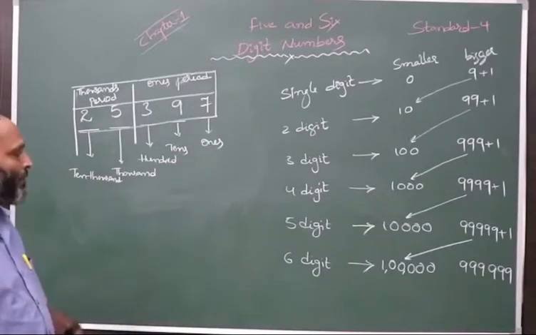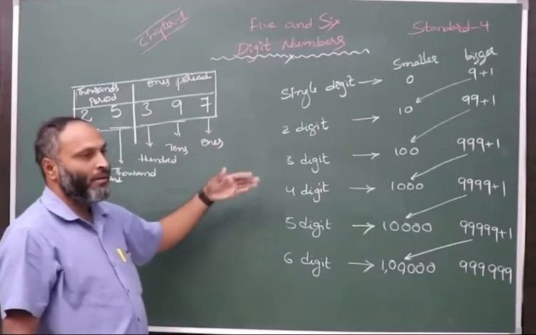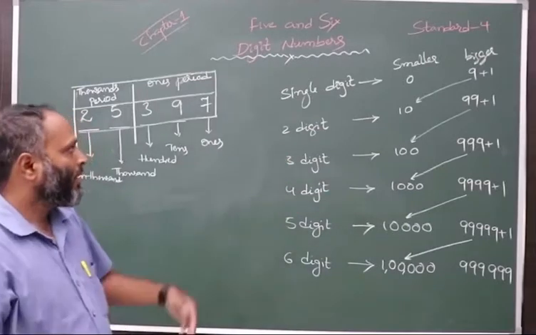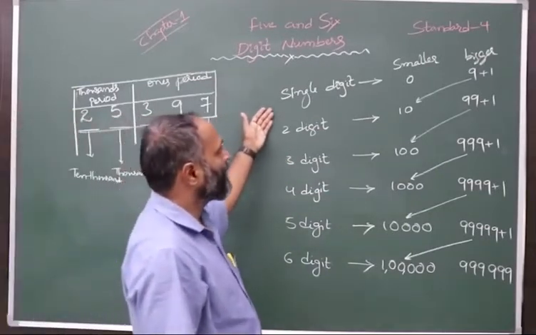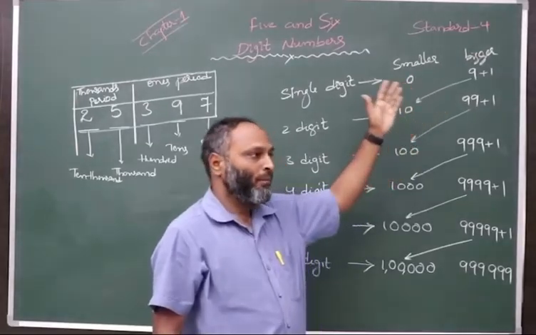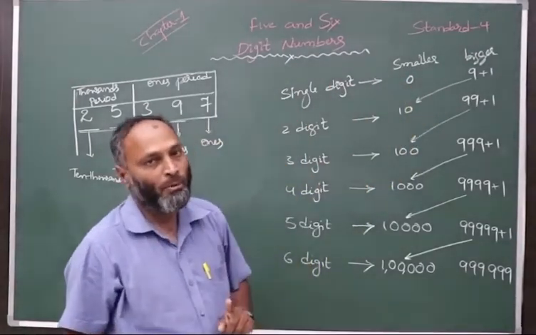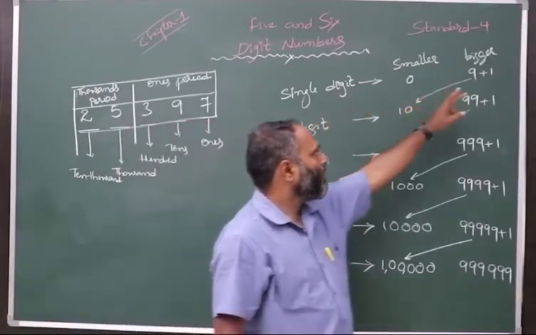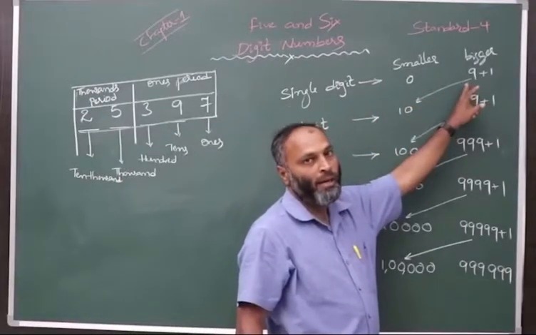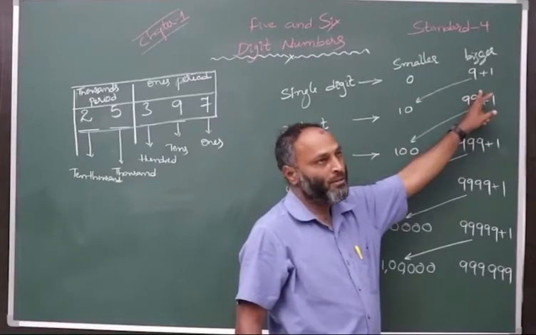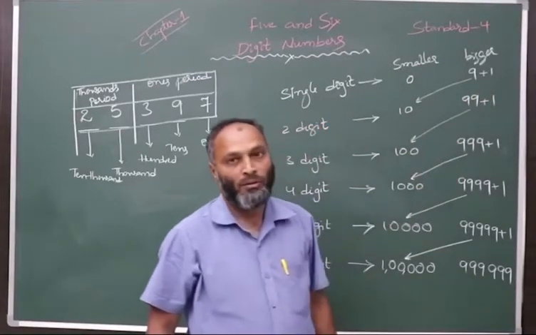So this is the way to read the ones period and thousands period, and these are the single-digit smaller number and bigger number. Here one thing you have to remember: if we add 1 to the bigger number of single digit, then we get the smaller number of double digit.